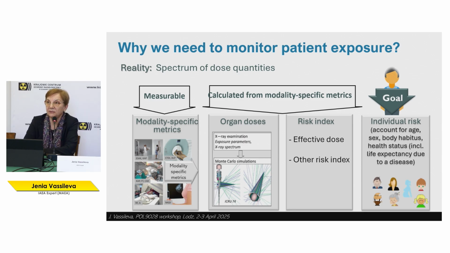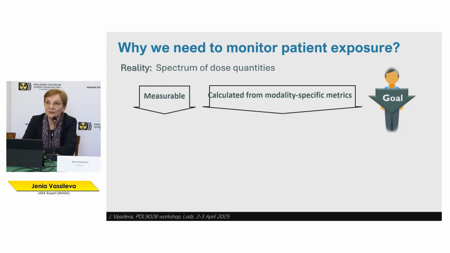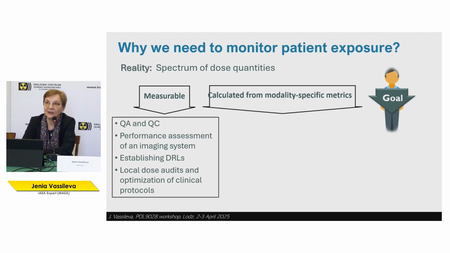What is currently available is effective dose, but there are other proposals, and here we expect in near future the International Commission of Radiological Protection to probably introduce and standardize a better patient-specific risk index, because the reality nowadays shows that we need to change the paradigm. We need something better than we have now. But I'm going to talk on what we have now, and of course where we are moving into which direction.